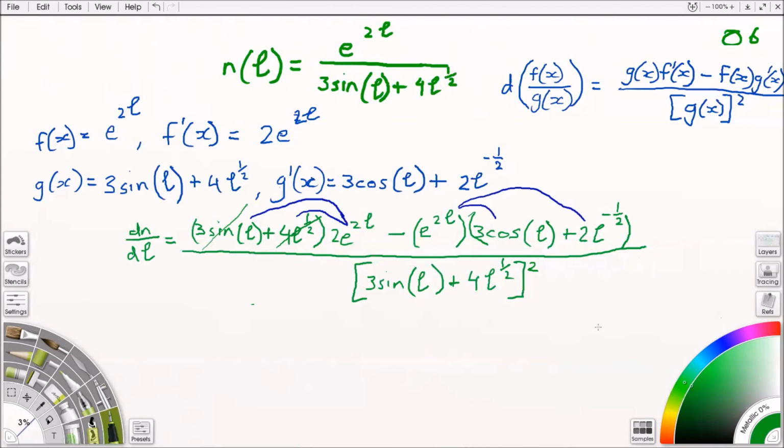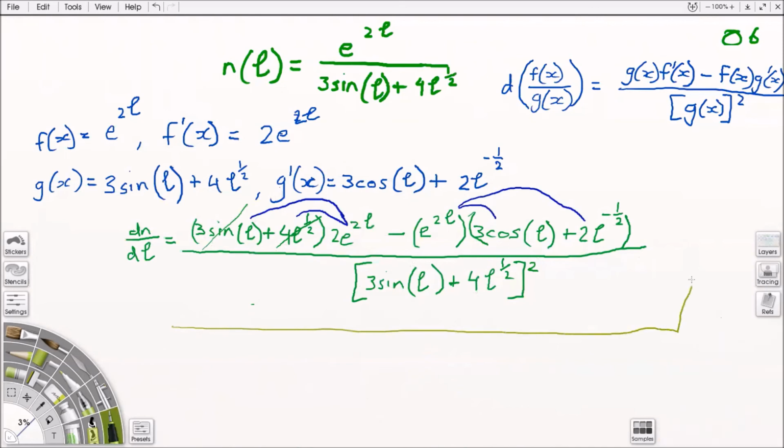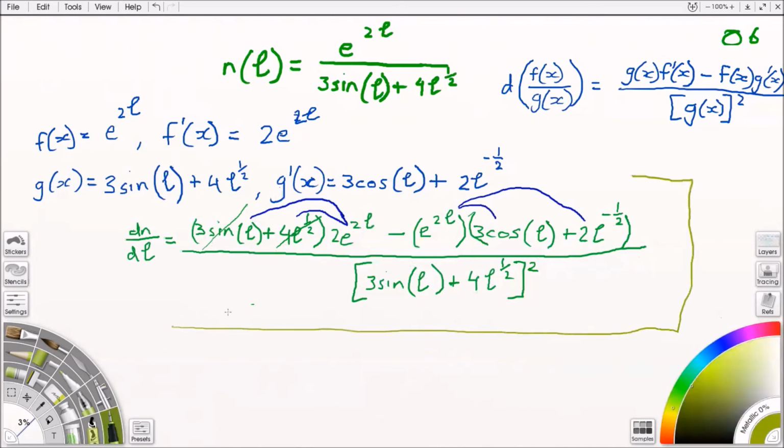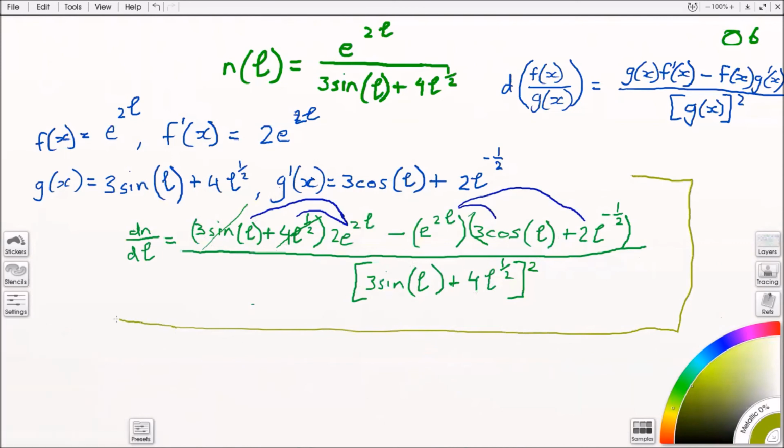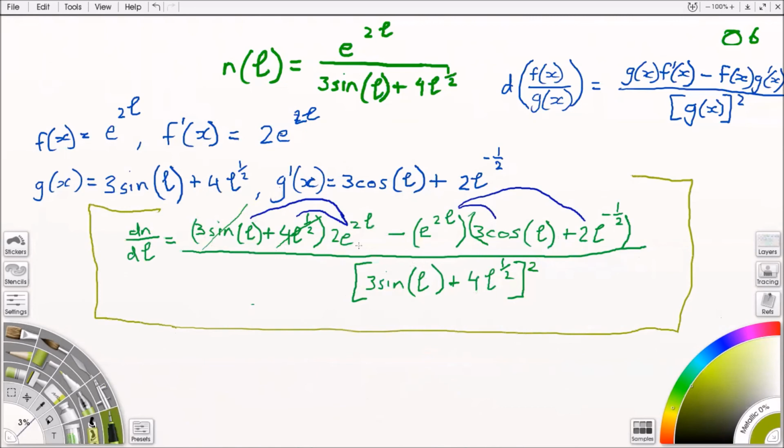So pretty much they didn't even simplify this any further. They just left it as is. So I'm not sure. I do think I was wrong just before with how I simplified it, but they say that this here, just left as is, is the correct answer.